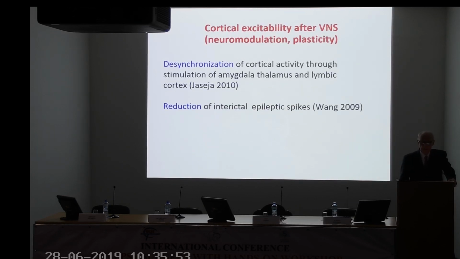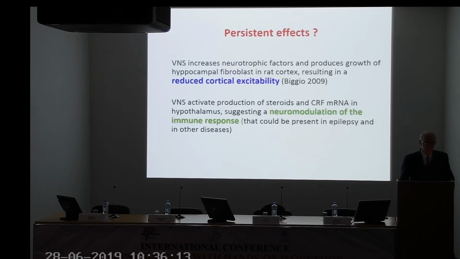Therefore, cortical excitability for neuromodulation, plasticity of the brain, you have a desynchronization of cortical activity through stimulation of the amygdala, thalamus, and limbic cortex, and reduction of interictal epileptic spikes. This is the effect in the long run of VNS.